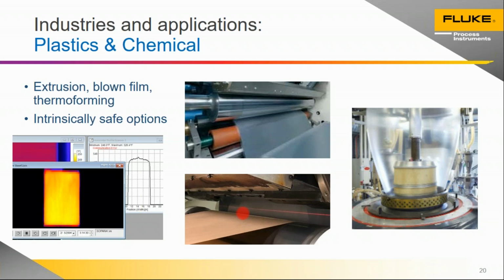And what's a little bit hard to see in this application is that in addition to the material that's running down below that's very easy to see, you actually have a clear web, which is most likely an extruded, maybe a polyethylene or some other polymer coming out of an extrusion die here and coming down and meeting up with that substrate material and essentially being laminated on top of it.